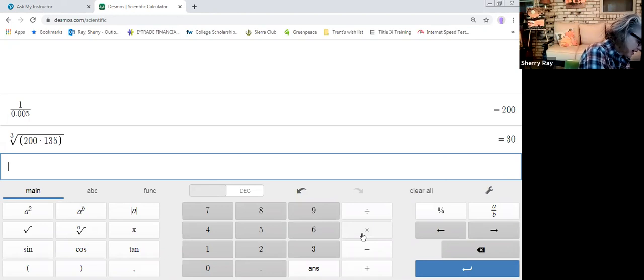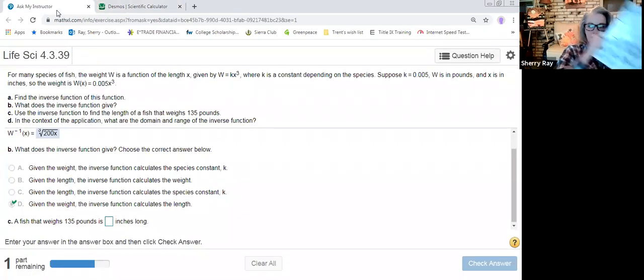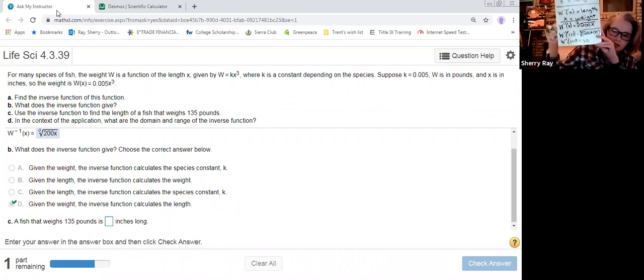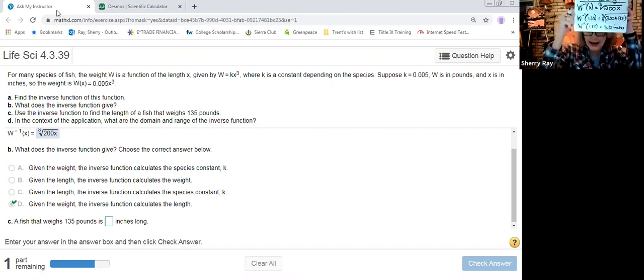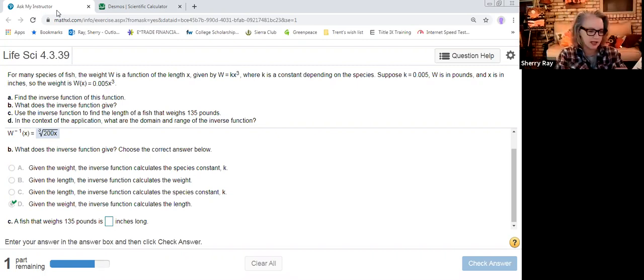And I think it's going to have you interpret that answer. So what I like to do is I like to label. It makes me think, now my length is what I get out. So that's probably in inches. And my weight is what I put in. So I got 30 inches as my output.